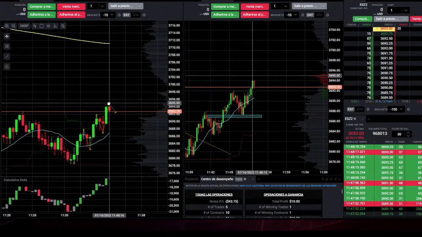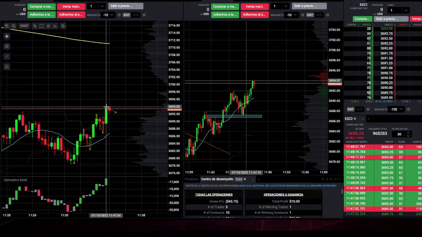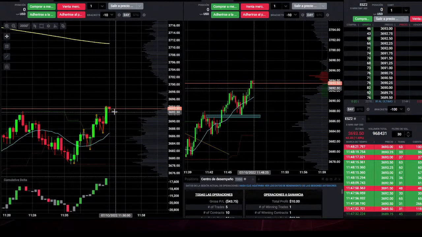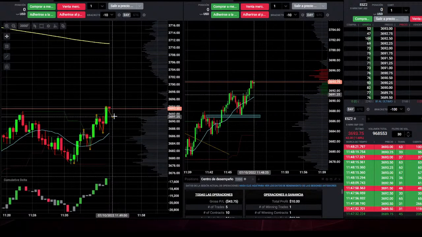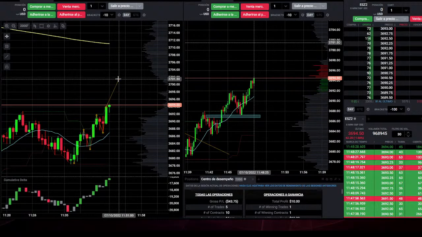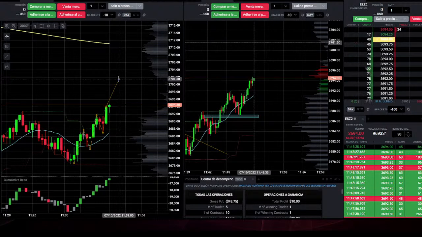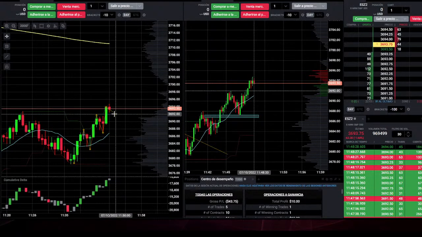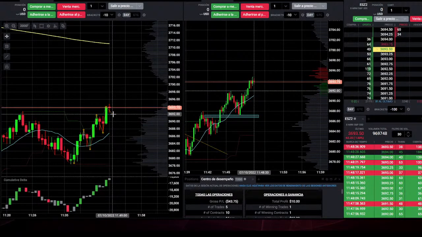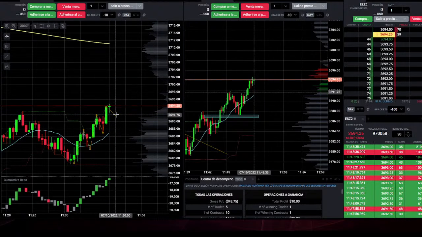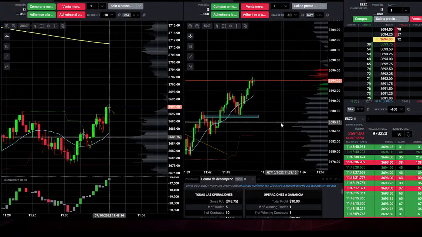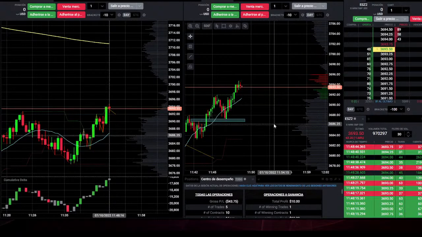Now let's see if we have the rip, if we have a pullback, like something here, or we're just ripping through. This will be nice to see develop. But I'm going to participate if I can.